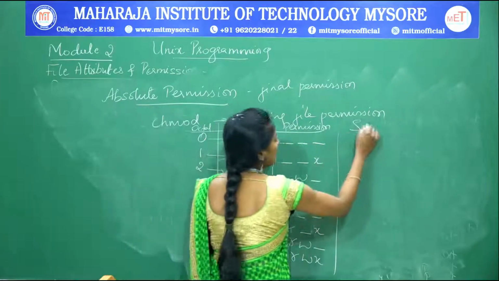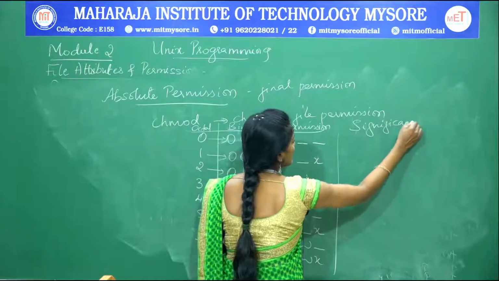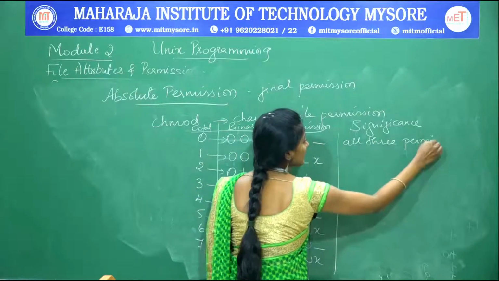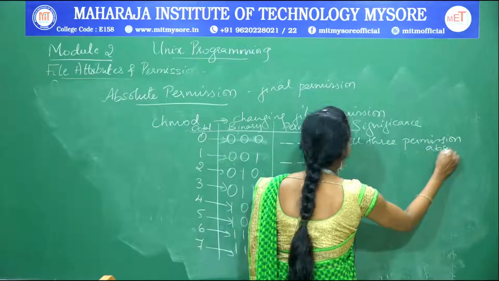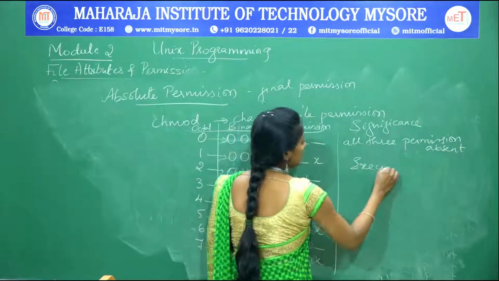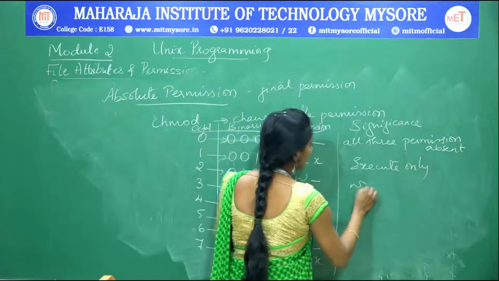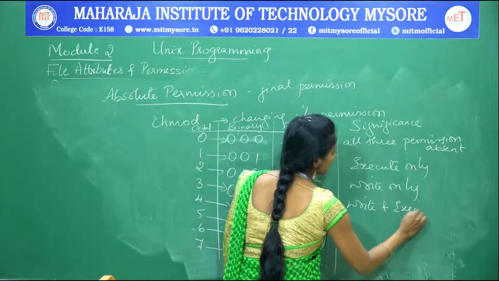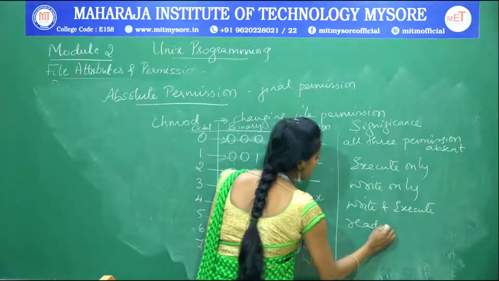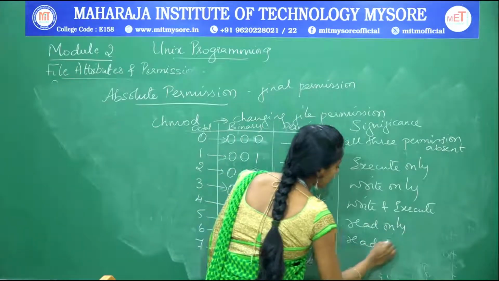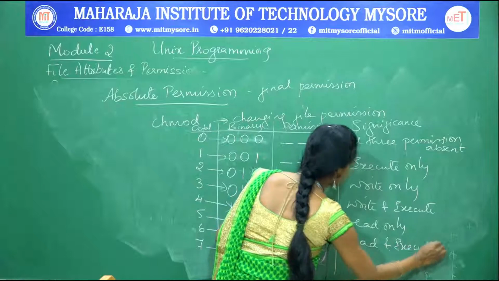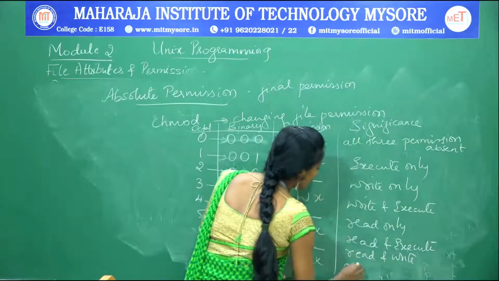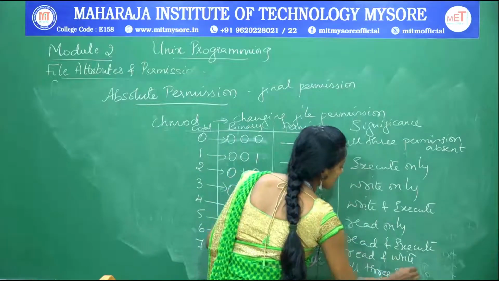So what does each permission represent: 0, all 3 permissions are absent; execute only; write only; write and execute; read only; read and execute; read and write; and all 3 permissions.